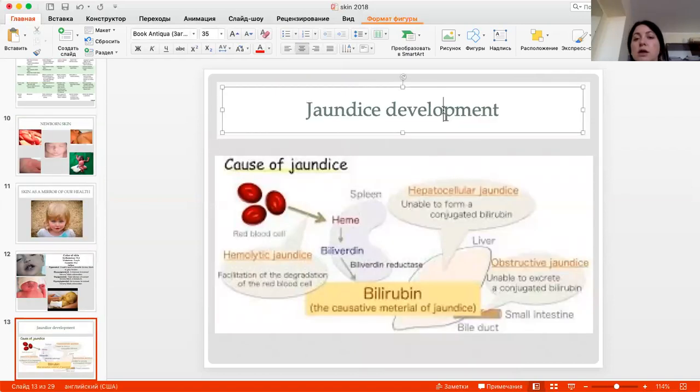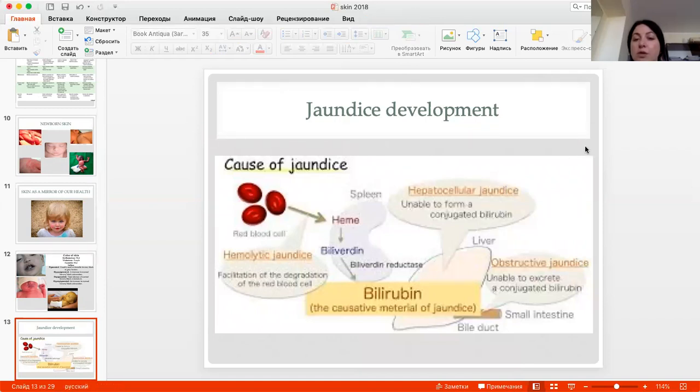It is the slide where I remind you what may be the causes of yellowish color of skin, of jaundice development. We have three most important types of jaundice development.